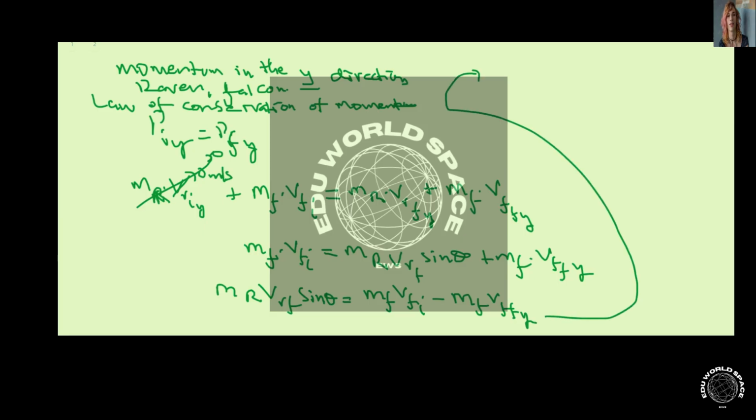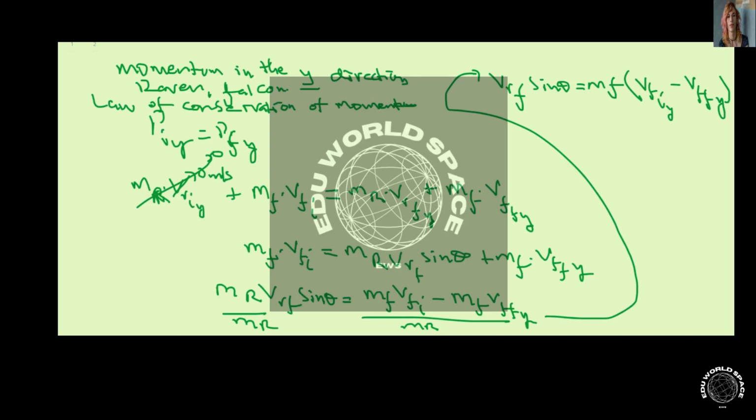If we move that up, we have Vr final sine theta, the final velocity of the Raven in the y direction, equals, we divide both sides by the mass of the Raven, so we can pull out mf: mf times the initial velocity of the Falcon in the y direction minus the final velocity of the Falcon in the y direction.